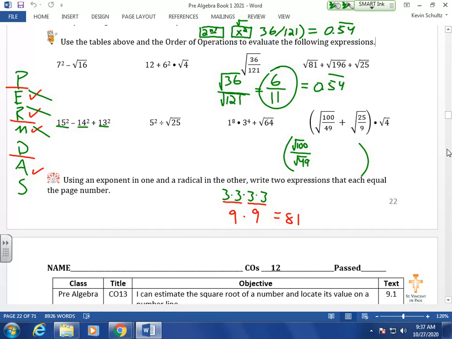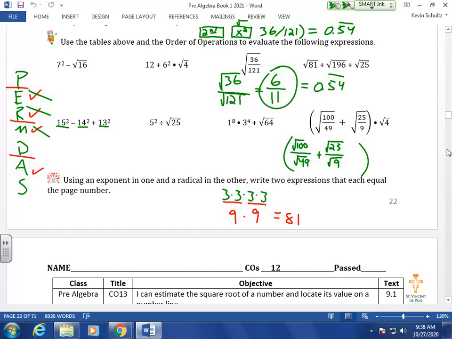That's manageable, right? And then my second fraction, I got the same thing. I can break that up, the root of 25 over the root of 9. So once you find those roots, you'll see that you get fractions, and then you're adding those fractions. So you have to go back and think about adding fractions, common denominators.